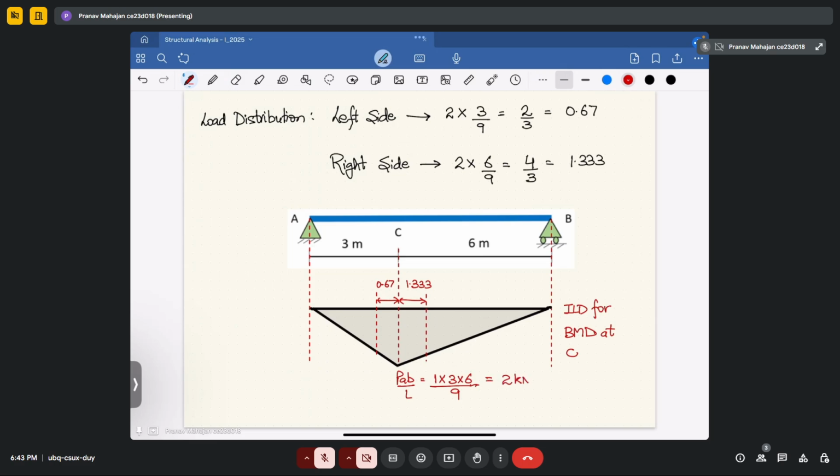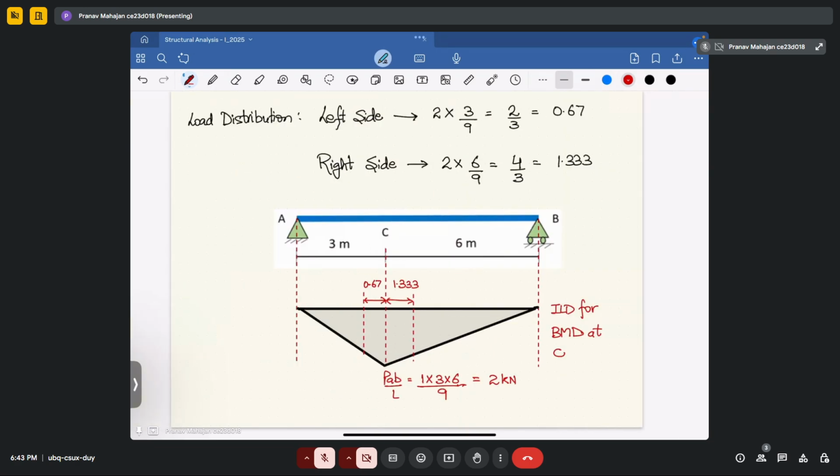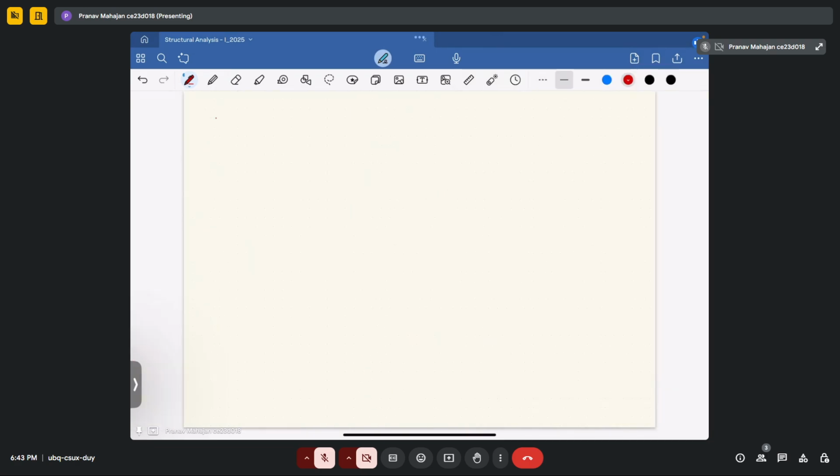Fine. Now using the triangular property, 2 upon 6 will be equal to h upon 1.33.